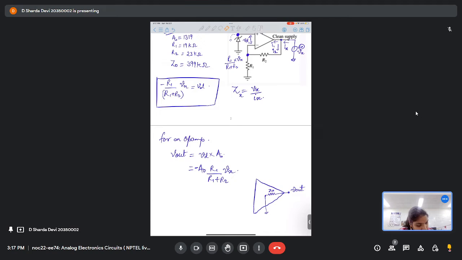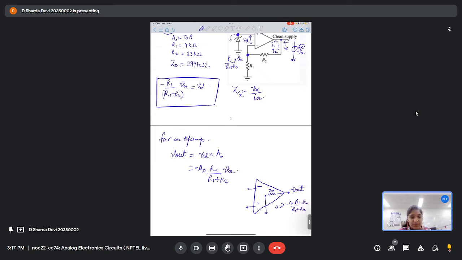Let's say this is the equivalent circuit of the internal circuit of your op-amp. If we see, this potential is minus A0 R1 upon R1 plus R2 Vx, right? This is less than 0.